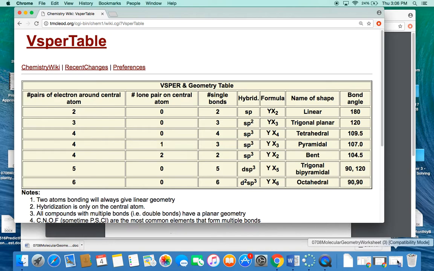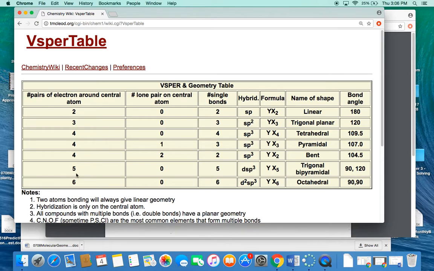If the central atom follows the rule of 8, that says 8 valence electrons around it, shared or not shared, which means it has 4 pairs of electrons, then it's going to be one of the rows that says 4 on it.